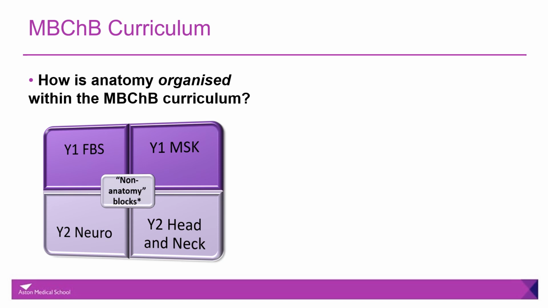And this is basically a gentle introduction to anatomy. And then in teaching period 2, after the Christmas break, you will start MSK, which is the musculoskeletal system. In year 2, you'll have 2 anatomy blocks, the nervous system and neuropsychiatry, and the head and neck block.